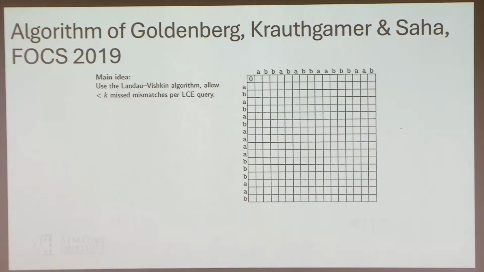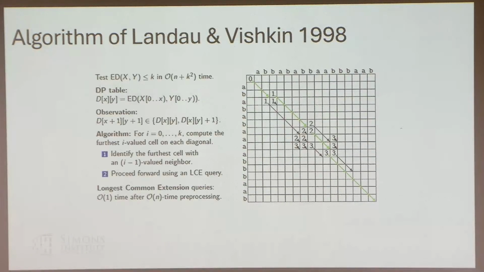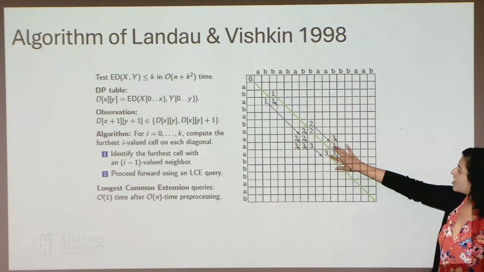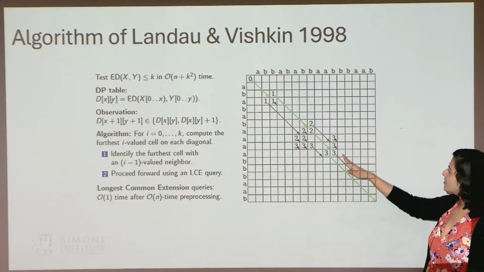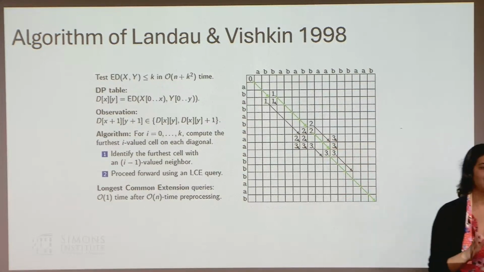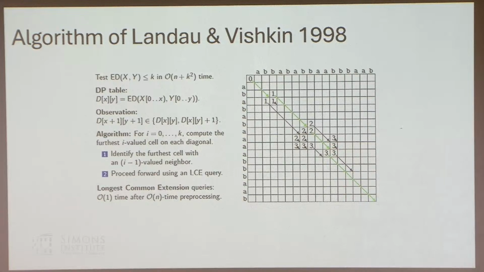Now we can allow some errors, because we are trying to solve K versus K squared. Previously, each of these LCE queries should not have any errors. But if we are trying to solve the K versus K squared gap edit distance problem, then in each of these LCE queries we can allow for K errors.